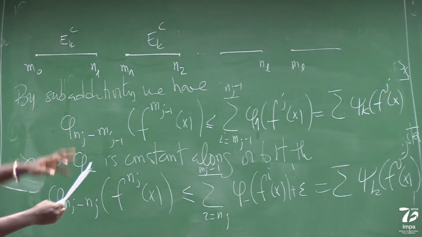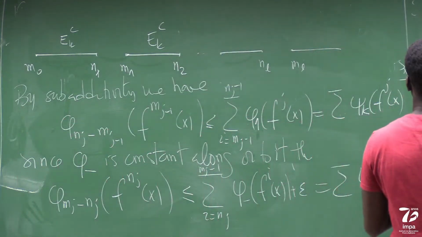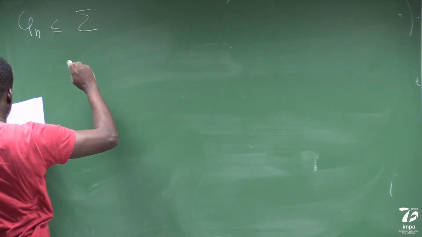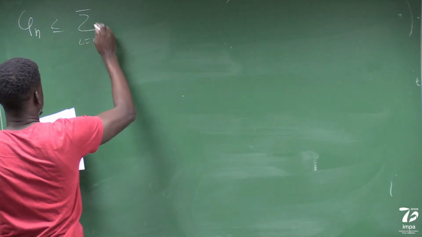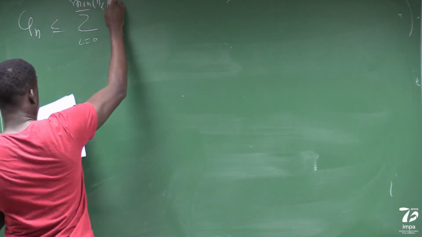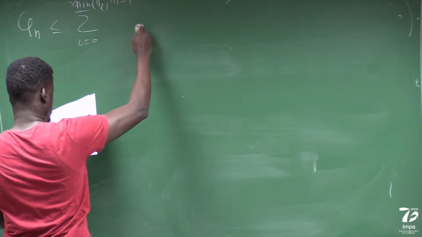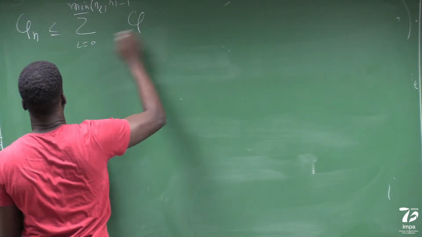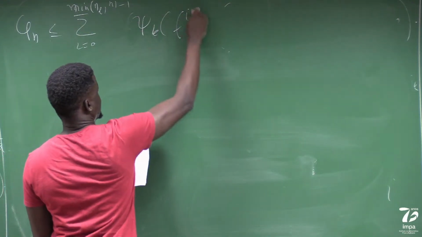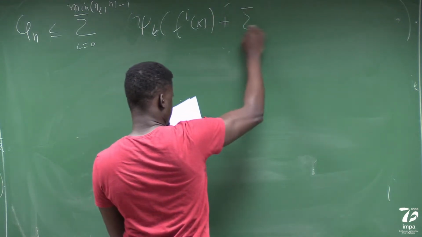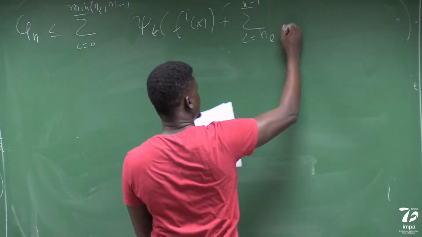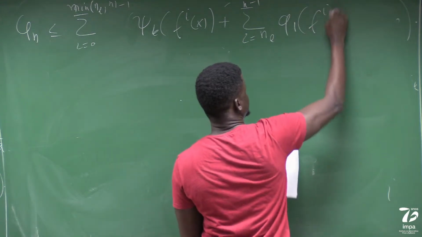You use sub-additivity of phi_n to write phi_n is less than the sum from i equals 0 to the minimum between nl and n minus 1 of phi_k at F^i x, plus the sum from i equals nl to n minus 1 of phi_1 at F^i x.